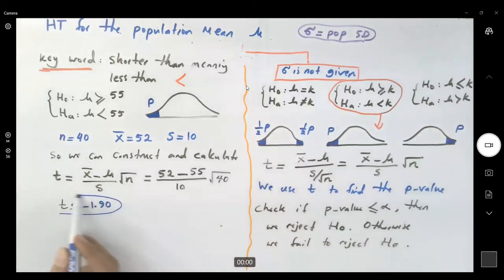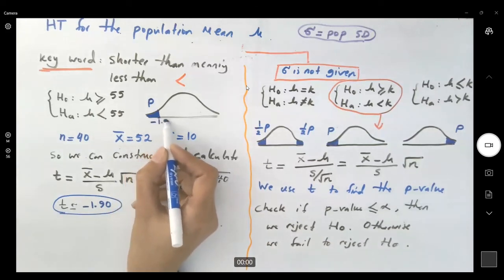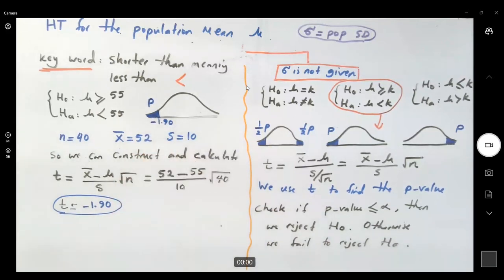So I have my T. My T is negative 1.90. Now I want to find this little area. Very good. So to find this area, we can use the T table. All right. Let us take a look at our T table.